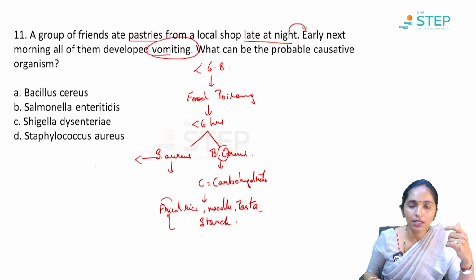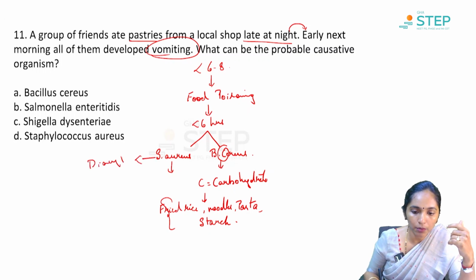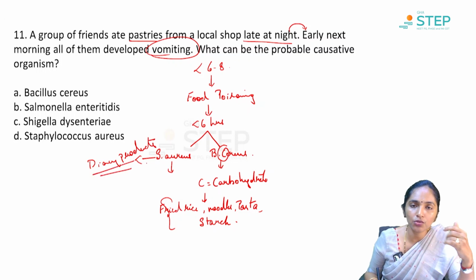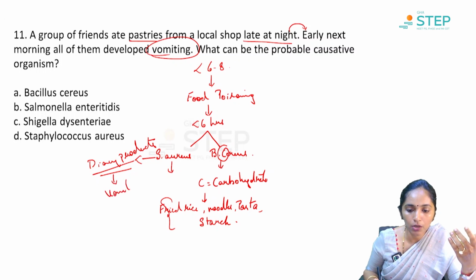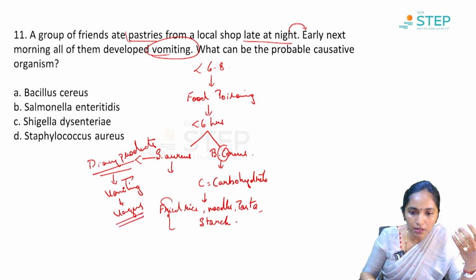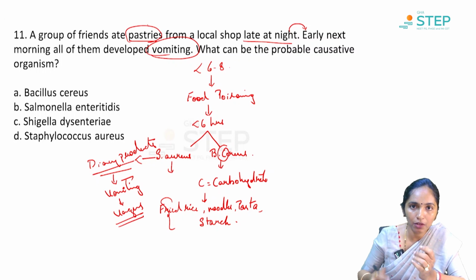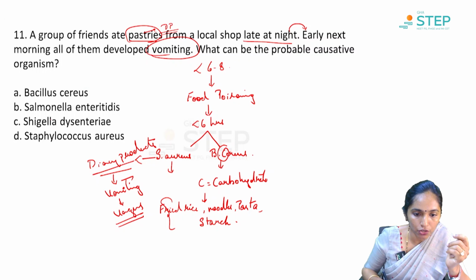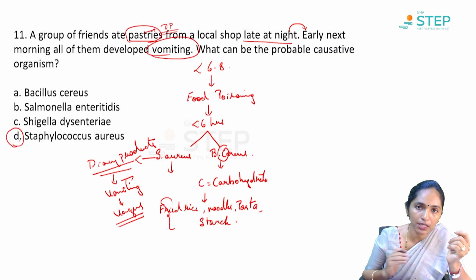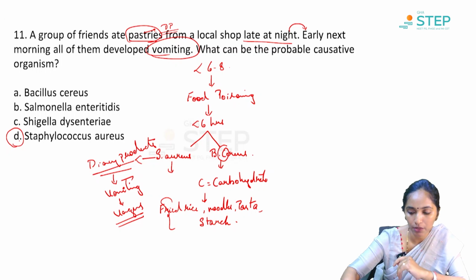Whereas Staph aureus is mainly with dairy products, that is milk or milk products, which give rise to Staph aureus related food poisoning, again manifesting as vomiting because they stimulate the vagus nerve. Okay, fine. So here the pastry will have cream and all, which is made up of milk. So this is mainly a dairy product, and therefore it should be Staph aureus. Let us search. Yes, so the answer is Staphylococcus aureus directly. So this is an easy kind of question.